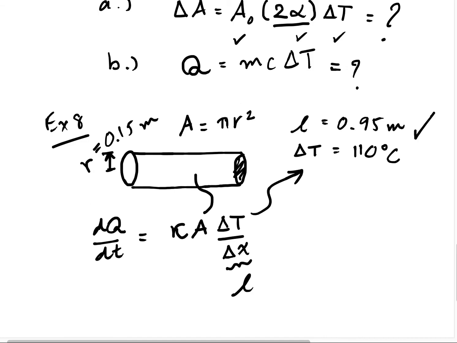The A is indirectly given here. And what about the kappa? The kappa is called the thermal conductivity.